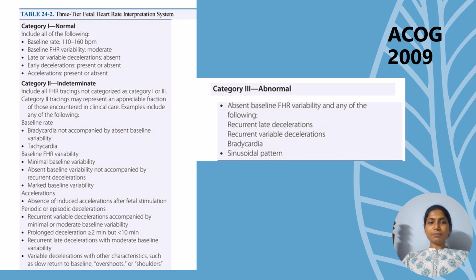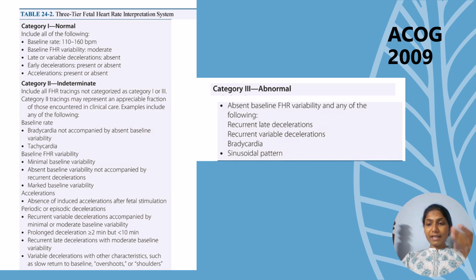What is normal? If the baseline heart rate is between 110 to 160, variability is between 5 to 15, there are no late or variable decelerations, early decelerations might be present or absent, and accelerations might be present or absent. What you have to remember is that accelerations are not the key for interpretation of CTG.